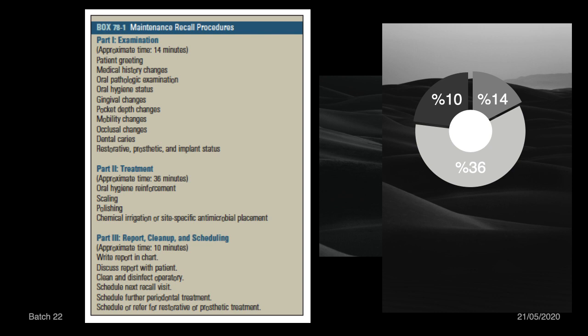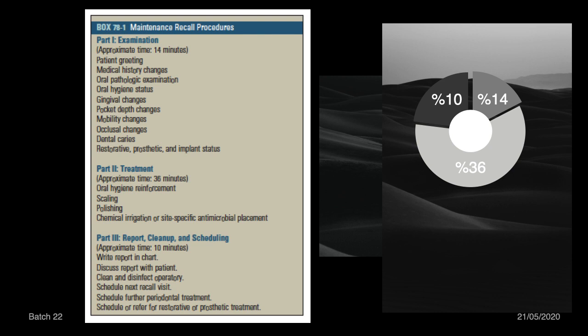This is followed by the treatment phase, which consists of scaling, root planing, and polishing. If the patient requires, you can give chemical irrigation and antibiotics. This comprises part 2, the treatment part, which takes 36 minutes.